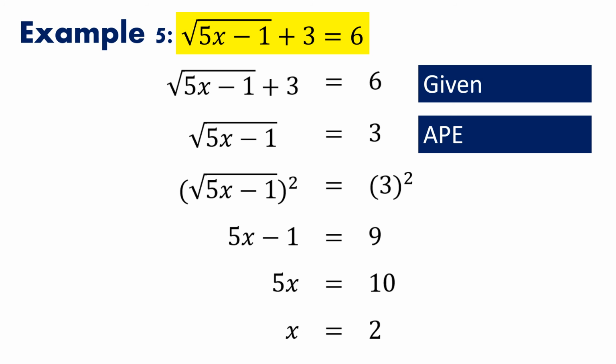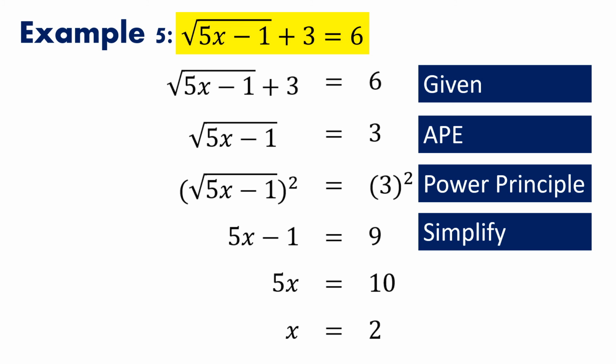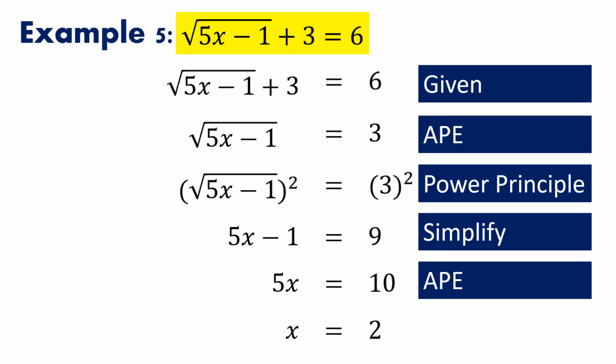We subtract 3 from both sides of the equation. We apply the power principle. We simplify and get 5x minus 1 equals 9. We apply addition property of equality.